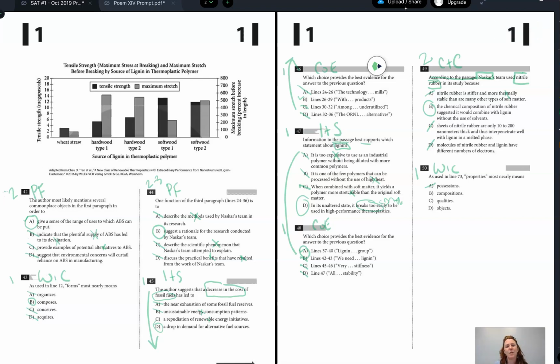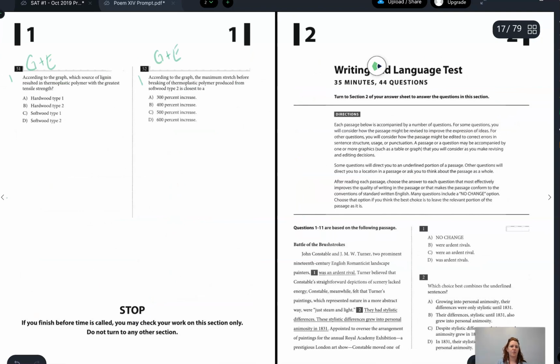Compositions, maybe, but it's not the makeup. Characteristics, maybe, but I don't love it. Qualities. Qualities feels much more like characteristics or traits, so I think it's probably this one. Objects feels like possessions to me, something that the piece owns, and that's not the case here, so C is the answer. Now all we have to do is attack these graphs.